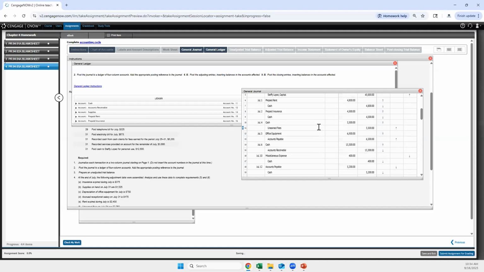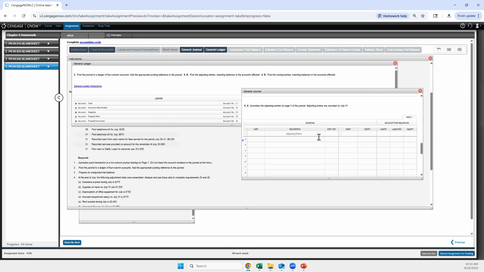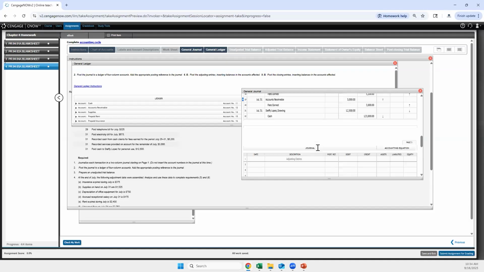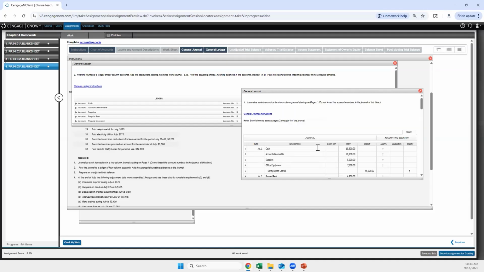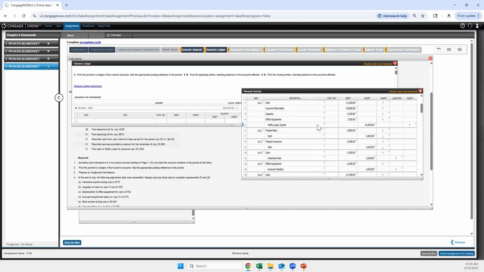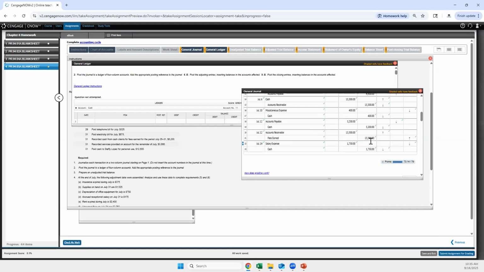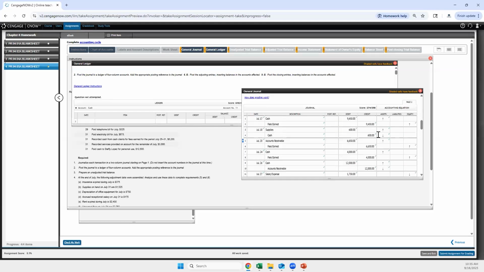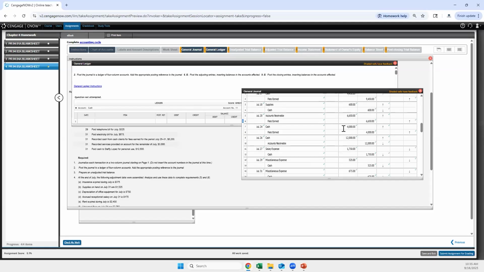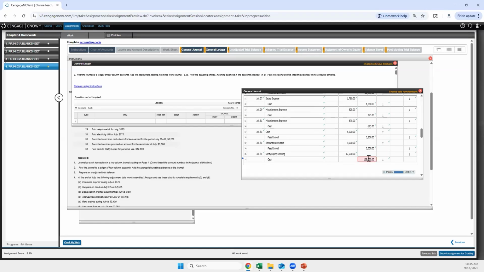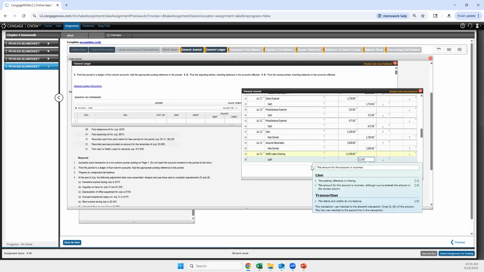That's all for the regular journal entries of this period. So what we're going to do is first of all, check our work. And it looks like we did get all corrects on here. The only missing points are for the posting references, which we haven't put yet because we haven't posted them to our, oh, and then also I had a typo here.